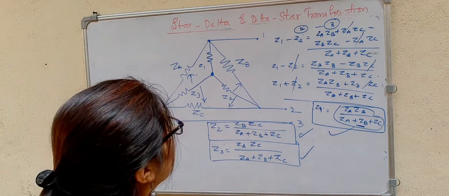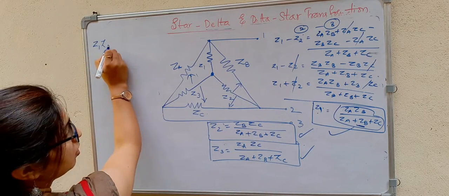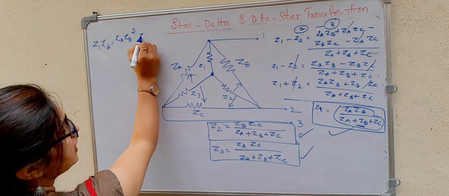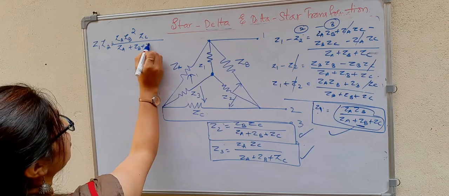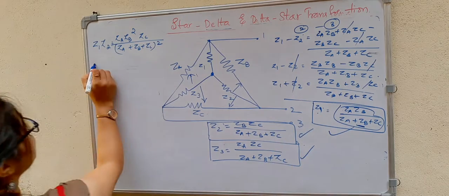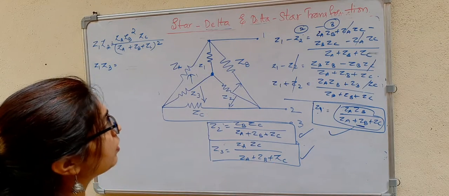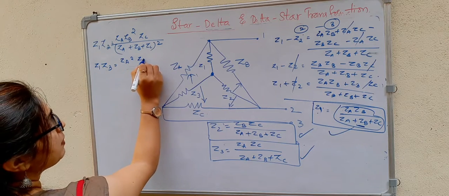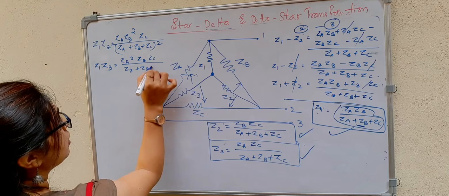What I will do is, I will multiply these two. Z1Z2 is equal to ZA ZB square ZC divided by ZA plus ZB plus ZC whole square. Then I will multiply these two, Z1Z3, which is equal to ZA square ZB ZC divided by ZA plus ZB plus ZC whole square.